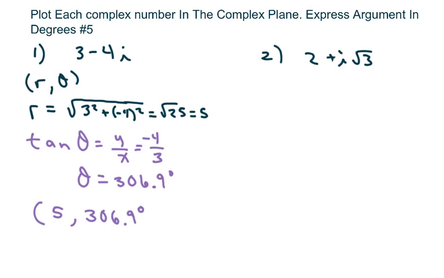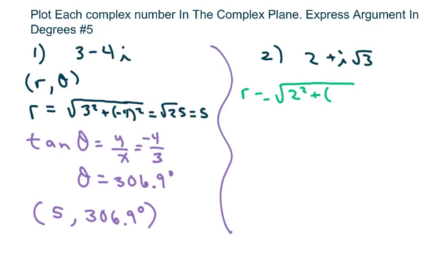And for this one, to find the same thing, we have r equals the square root of 2 squared plus the square root of 3 squared, and that's going to equal the square root of 7. And then our angle we get from tangent, which gives me the square root of 3 over 2.